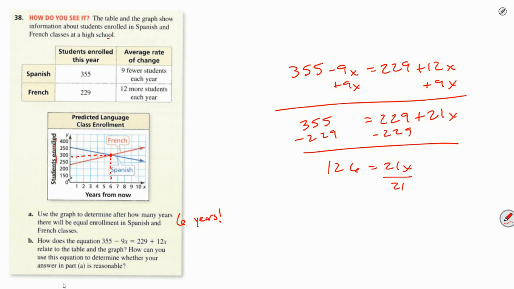And if we solve it all the way down, guess what? We have the exact same answer. This is kind of a foray almost into systems of equations.